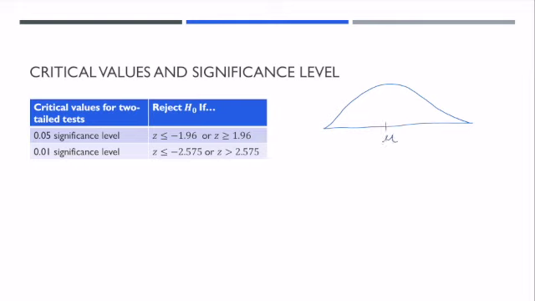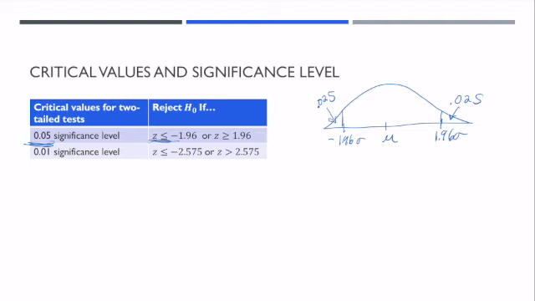If I have my mean, and I have my standard deviation of negative 1.96 and 1.96, and I look these values up in the z-table, I find that the area less than negative 1.96 is 0.025. And the area over here as well would be 0.025. So if I add those together, I have 0.05.